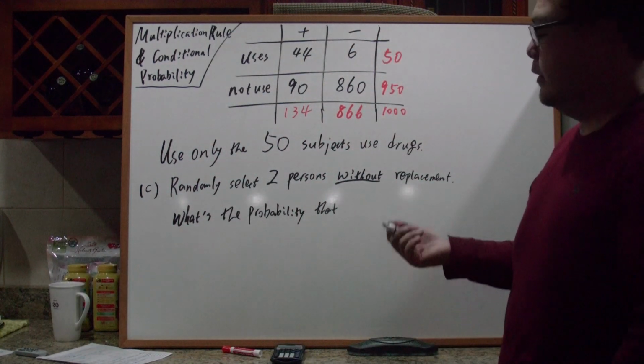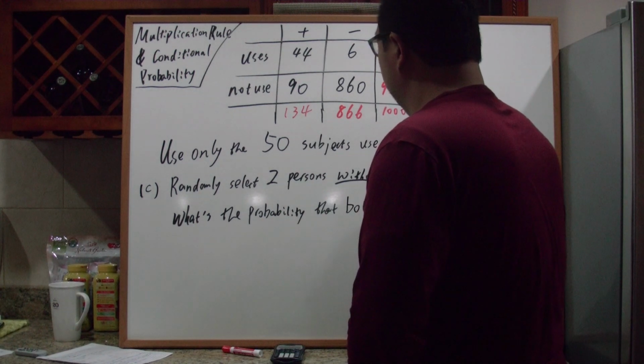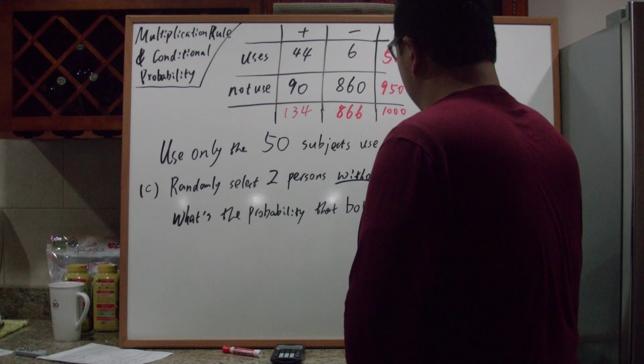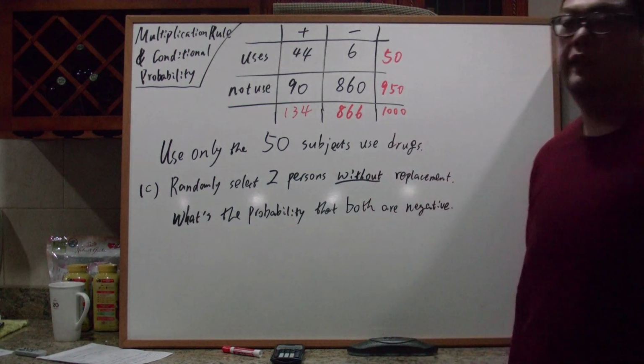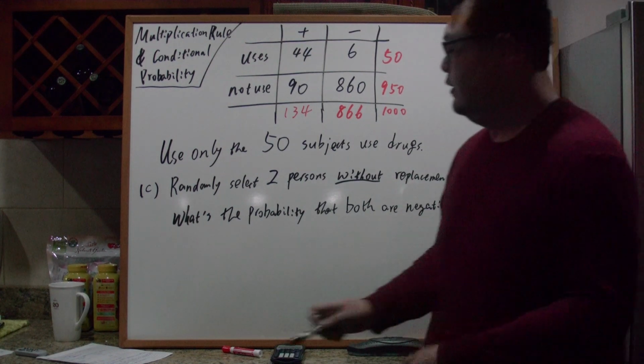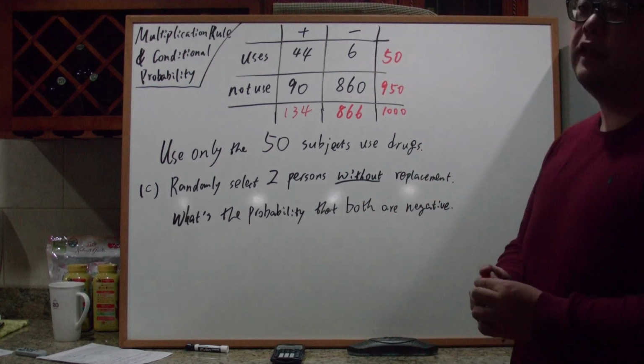Oh, we still select 2 persons without replacement. We want to see how we get when they both have negative test results. Right, so still step by step.